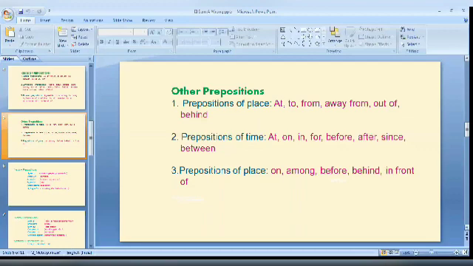So in this way, we indicate the position of the place. Here behind tells us where it is located. In this way, the prepositions are used according to the place, time, and the position.